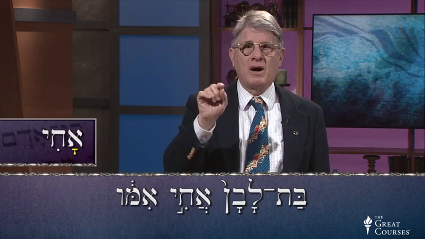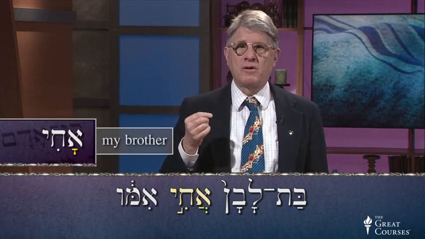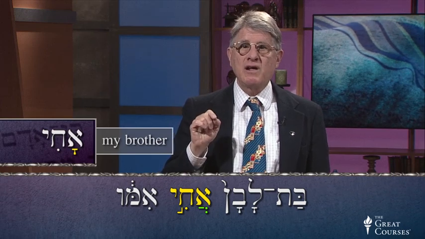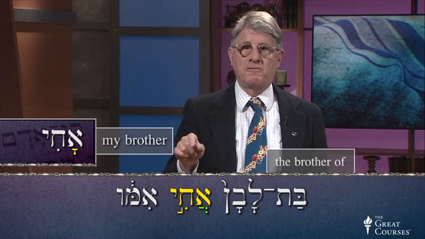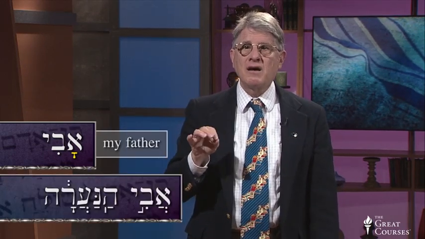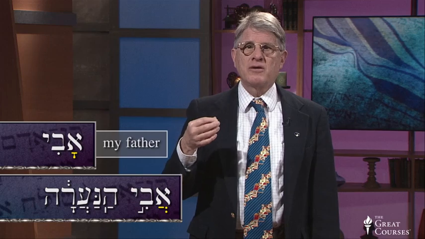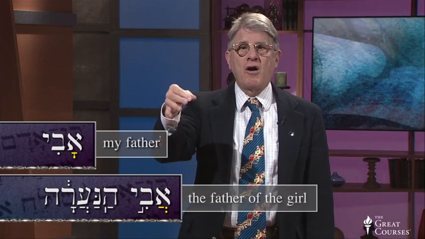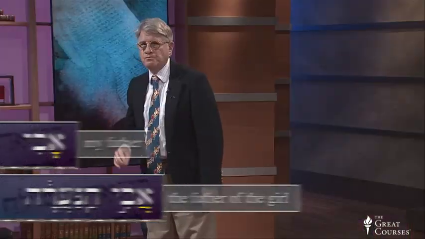Achi with a kamatz, my brother. Achi with a patach shva, the brother of. Same thing with av. Avi with a kamatz, my father. Avi hana'ara with a patach shva under the aleph, the father of the girl.